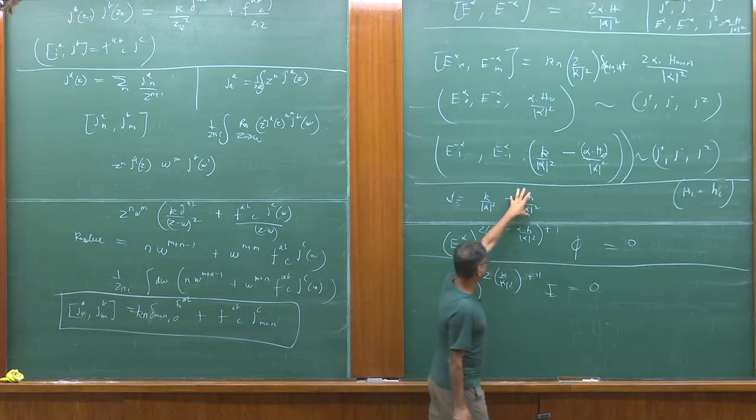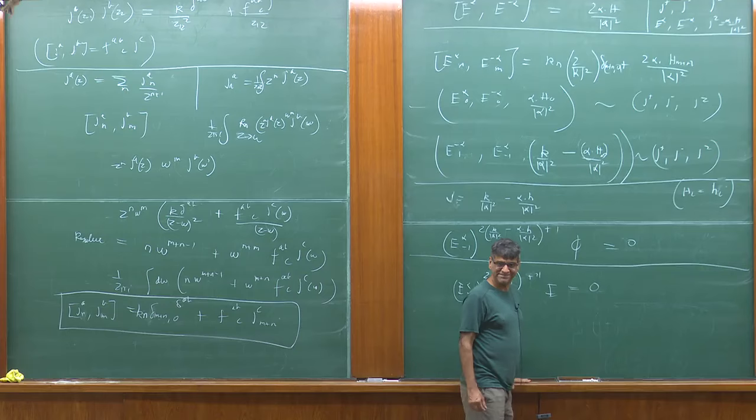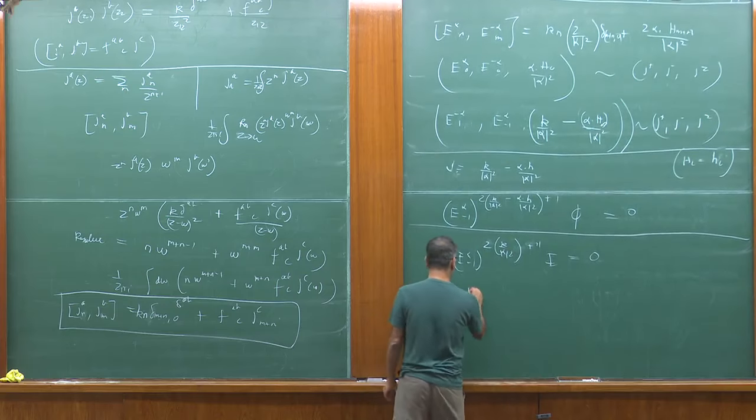Let's take the case where this is identity. So we conclude that k by mod alpha squared is equal to half integer.